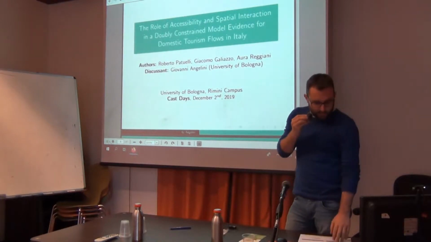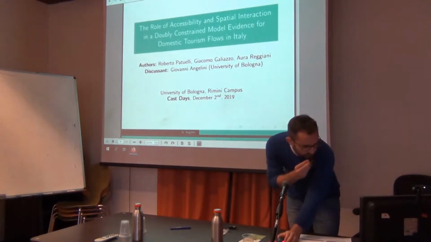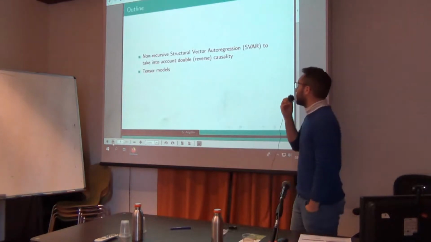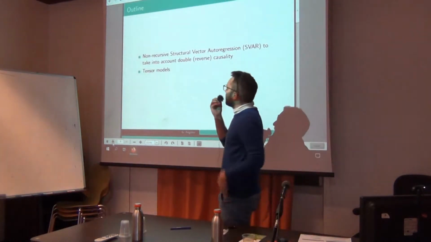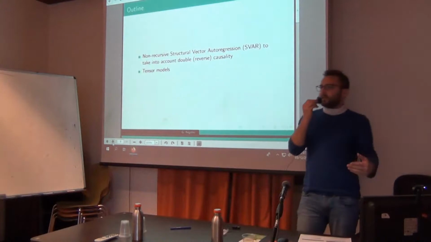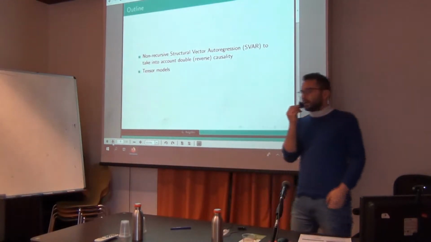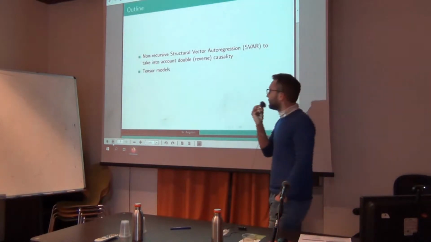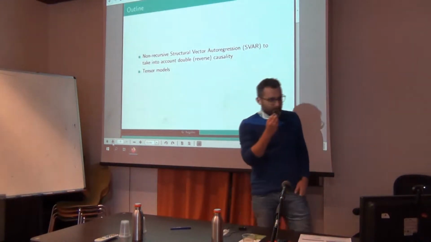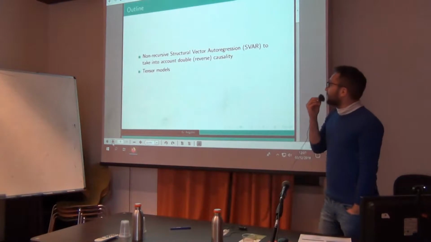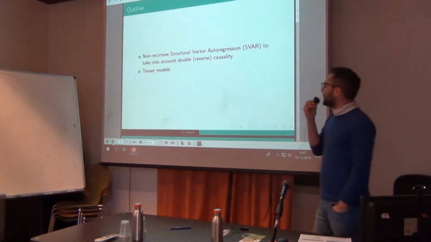The main question that Roberto has at the end of his presentation is basically how to evaluate the double causalities between accessibility measures and macroeconomic variables. To test this double causality, I have two answers.